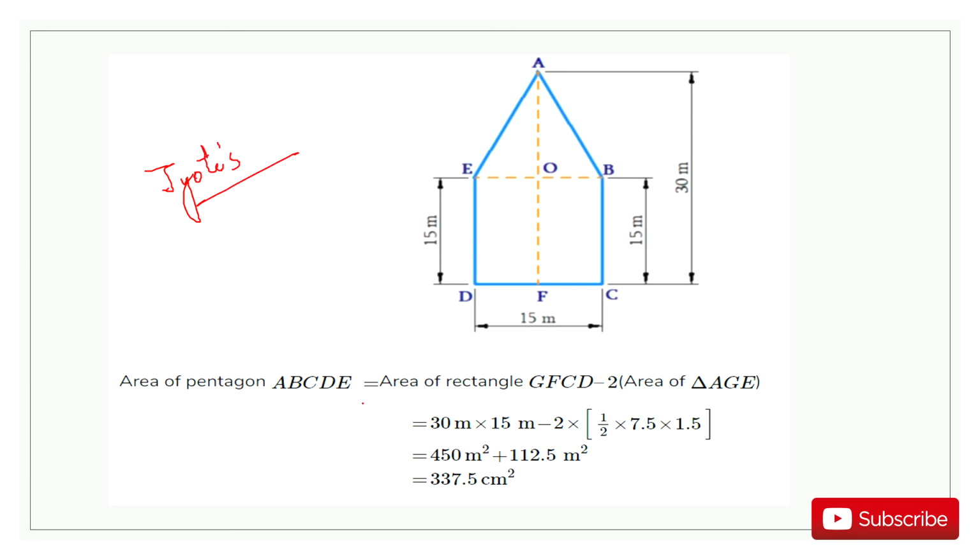Area of pentagon, right? Area of a rectangle EG, okay, GFCD, GFCD minus 2 area of triangle AGE. Now AGE is where? Yes. So 30 meters into 15 meters minus 2, right? I found the area of pentagon, right?